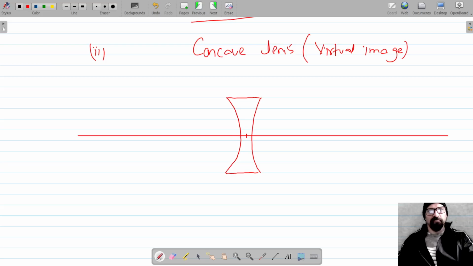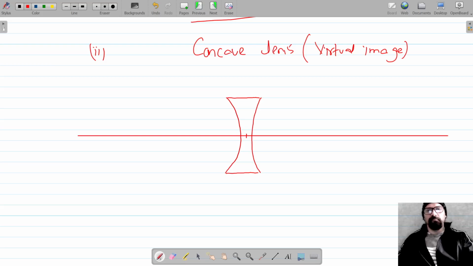So that's the only case where the virtual image is formed for a concave lens, or we can say between infinity and the optical center of the lens.